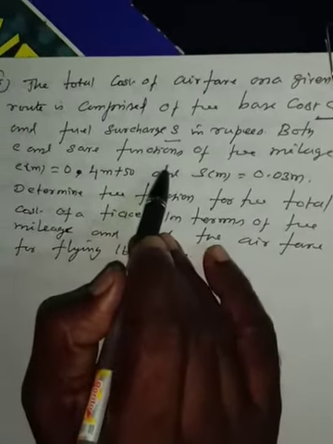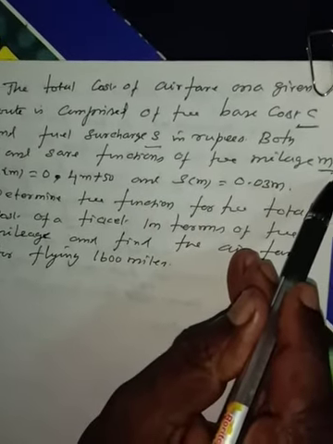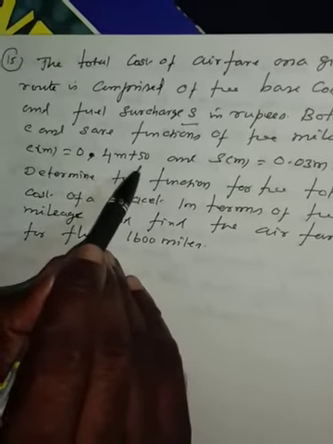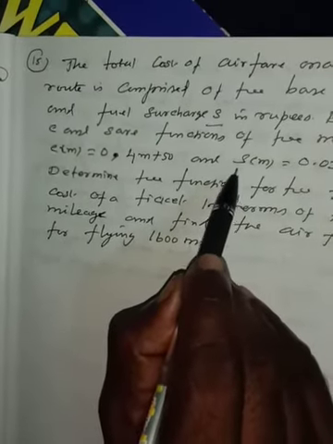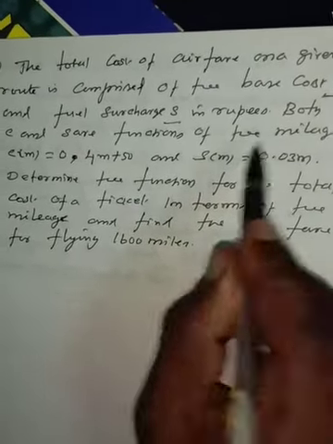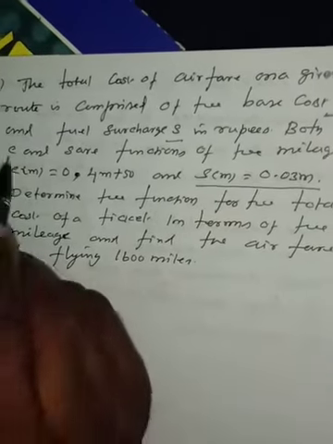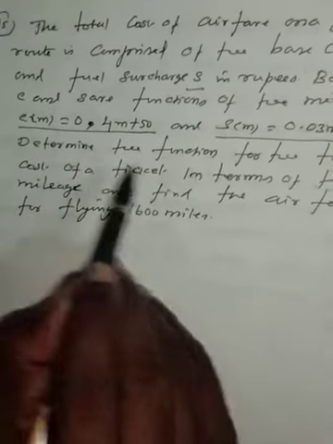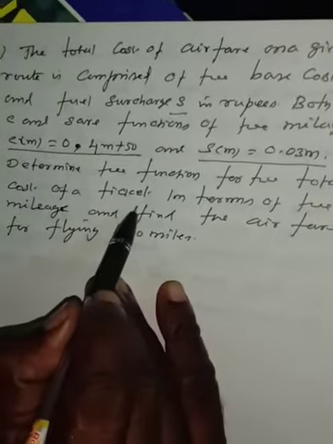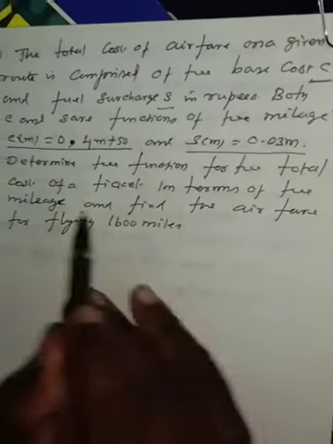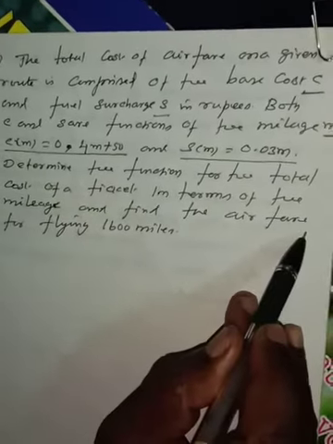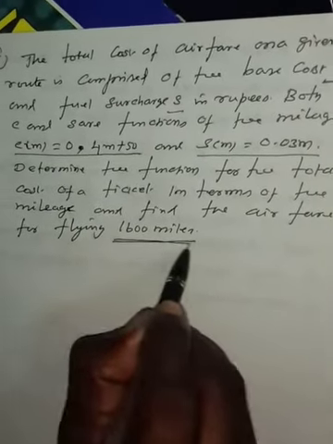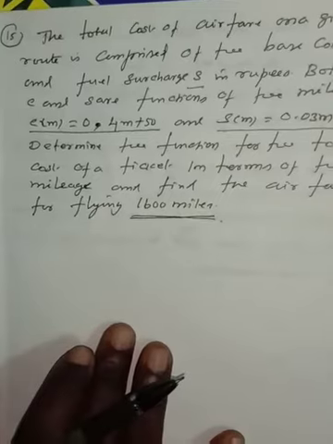Both C and S are functions of the mileage M. C of M is equal to 0.4 M plus 50 and S of M, the surcharge, is equal to 0.03 M. Determine the function for the total cost of a ticket in terms of the mileage and find the airfare for flying 1600 miles.